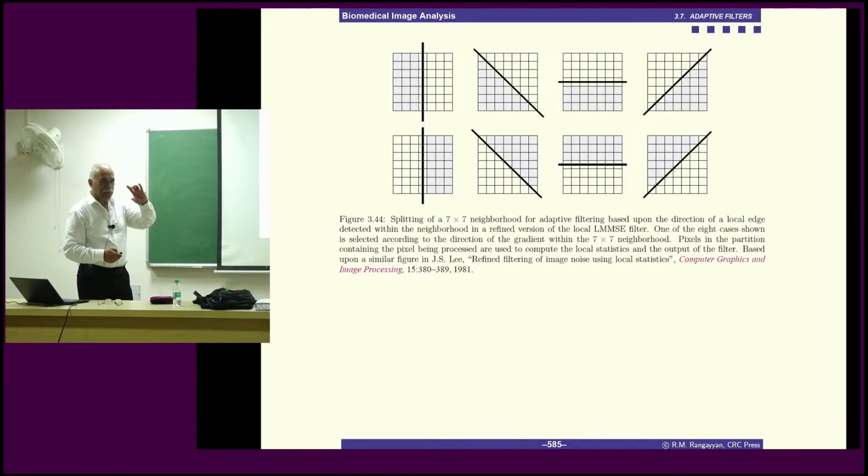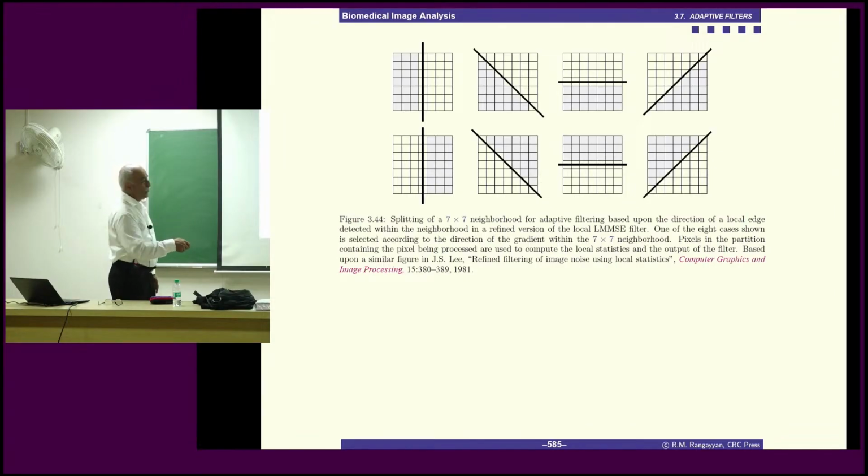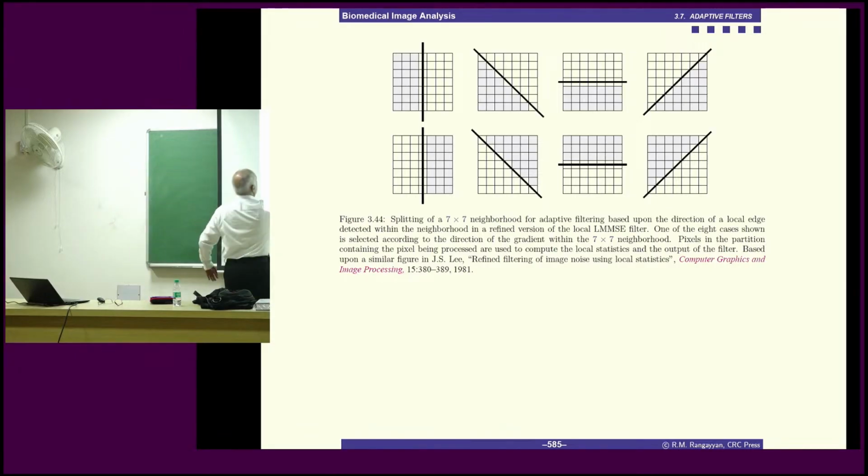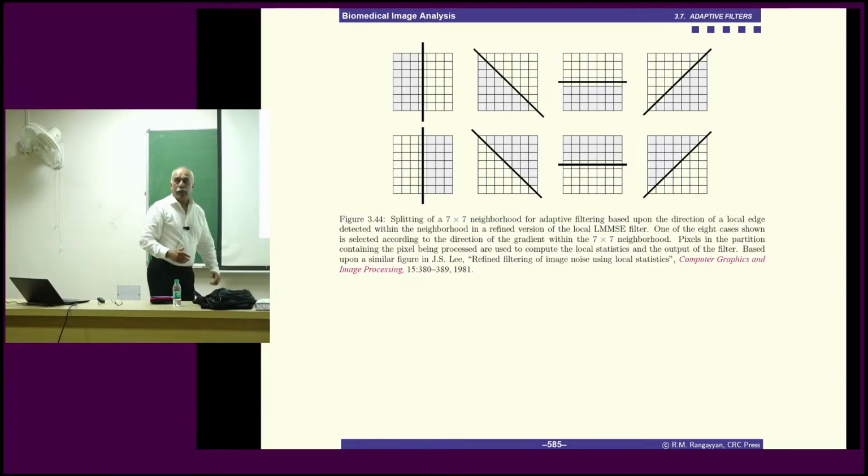The window that you use to compute statistics may be split vertically, diagonally, up, down, left, right, and so on, depending on local edges. If there is an edge present, this refined method says don't compute the statistics over this entire window, but use only one part and compute the statistics using that part, and don't blur across edges.